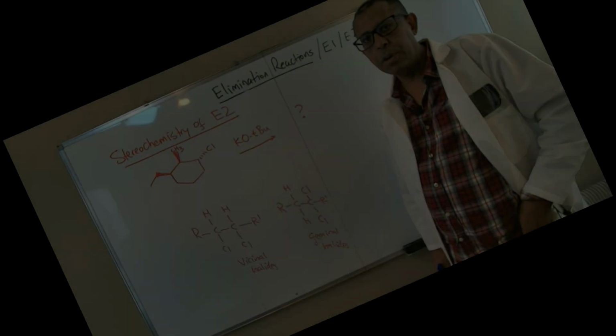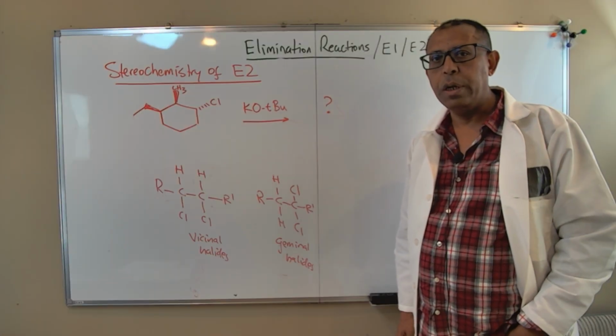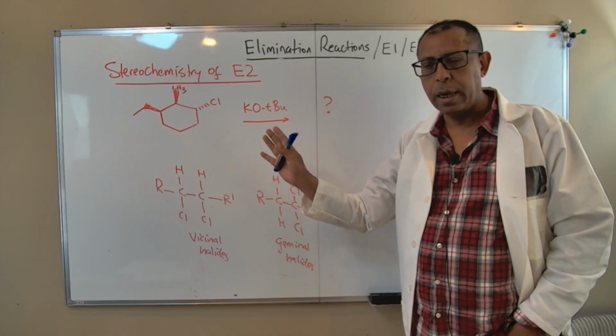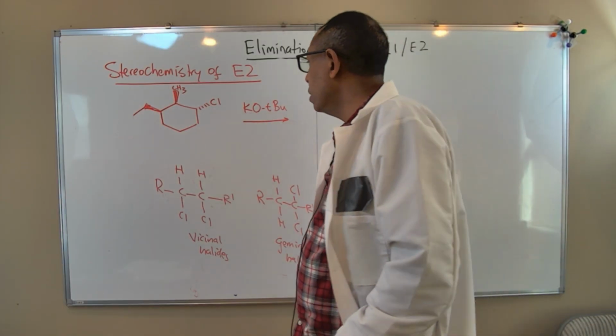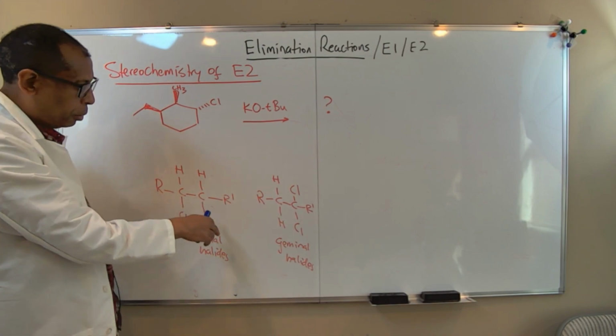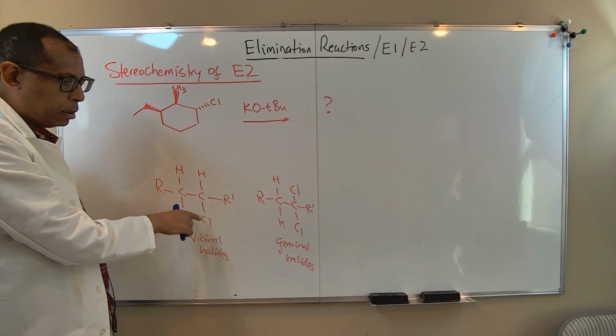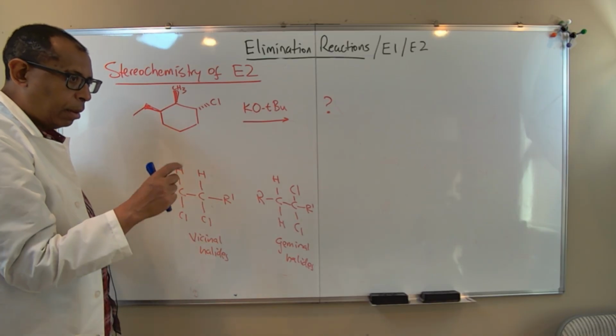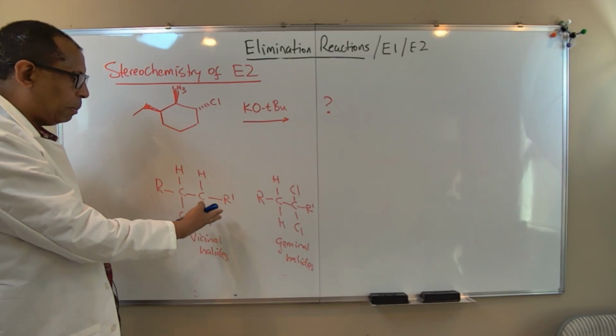Okay, before we conclude this chapter on elimination, I just want to do one more example with cyclohexane for E2 reaction mechanism. And finally, we conclude also by doing double elimination to form alkynes, not alkenes, but two double bonds that can be made.